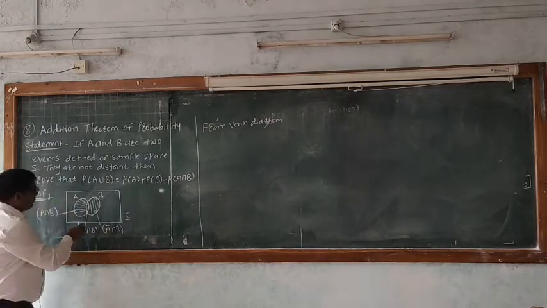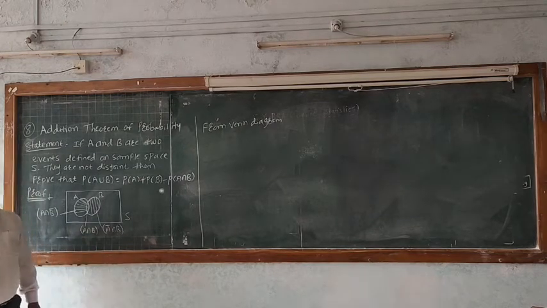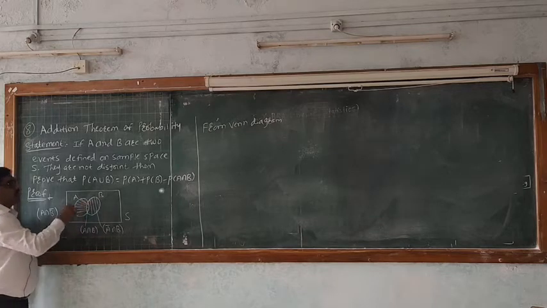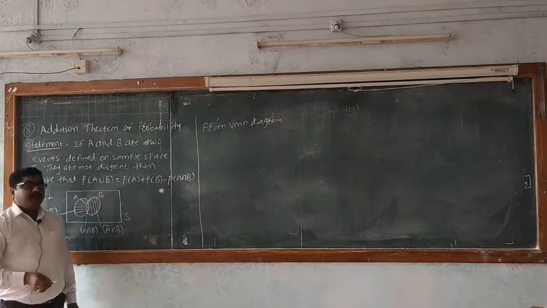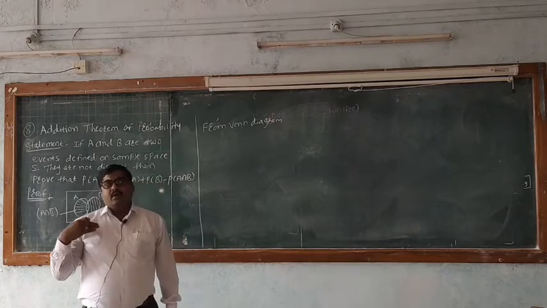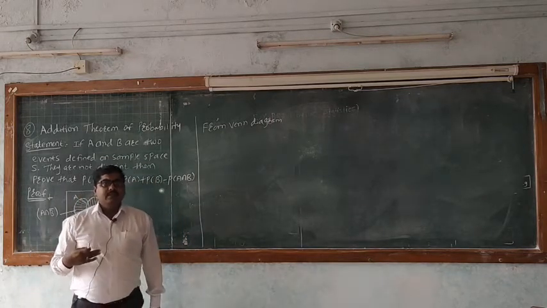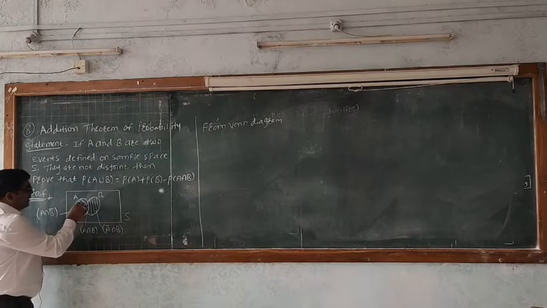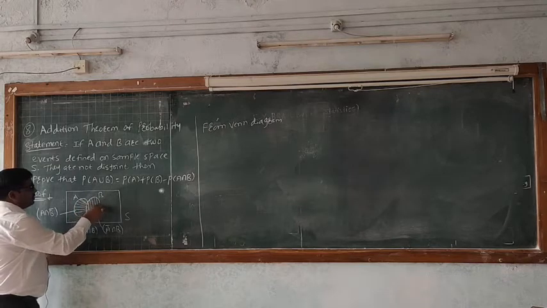Now, here A union B can be written in different compositions, right? A union B can be written as this region and this one.